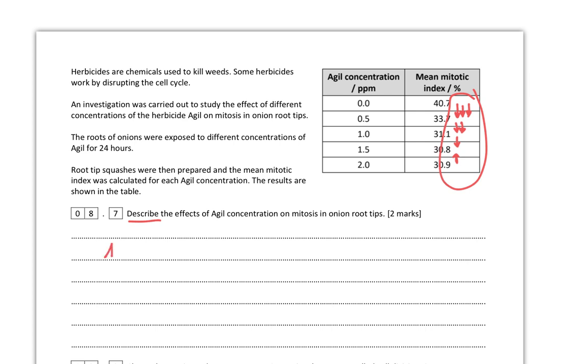Yeah, so as agyl increases, the mitotic index decreases until 1.5 ppm of agyl, when it stays roughly constant.